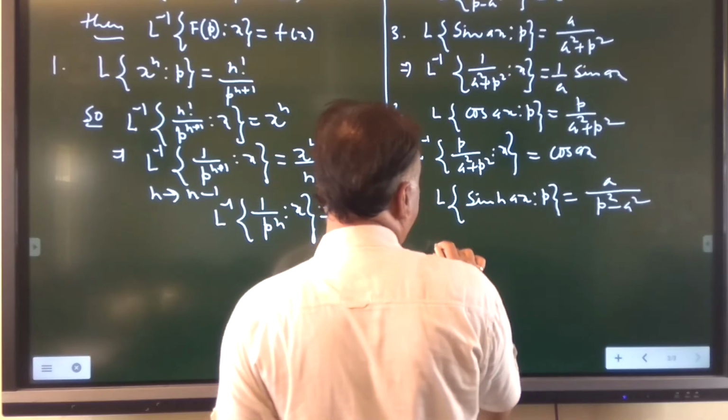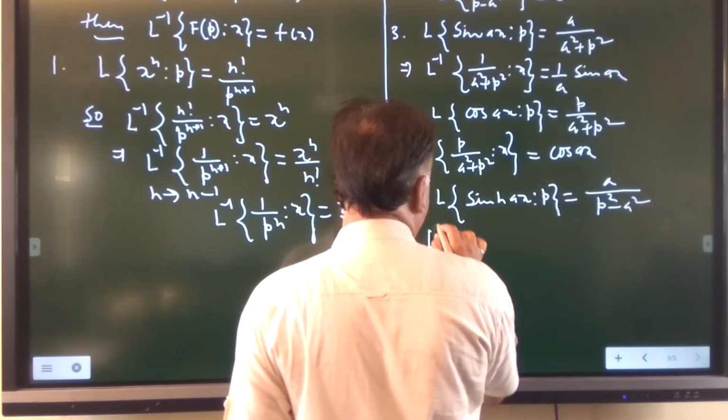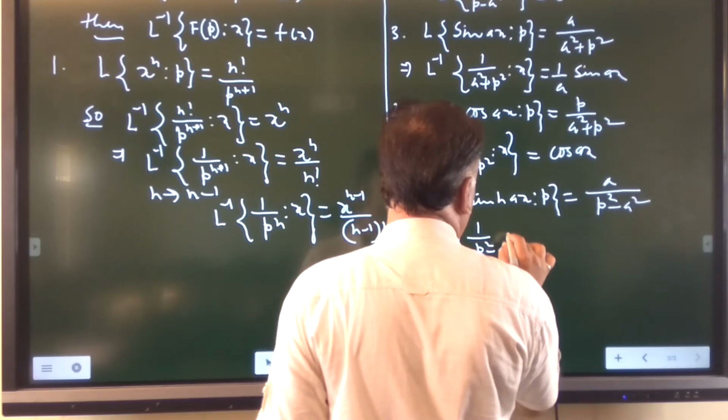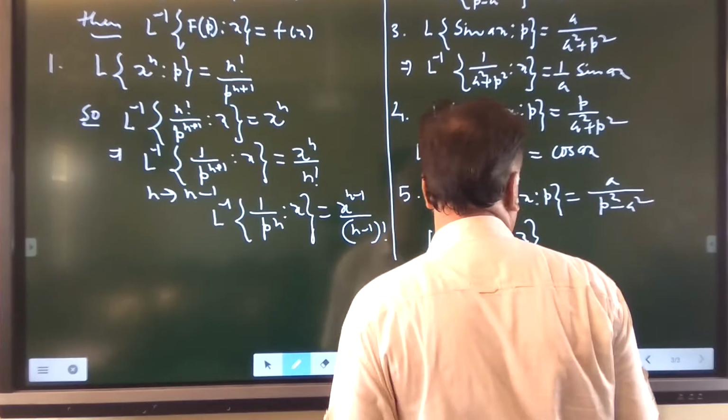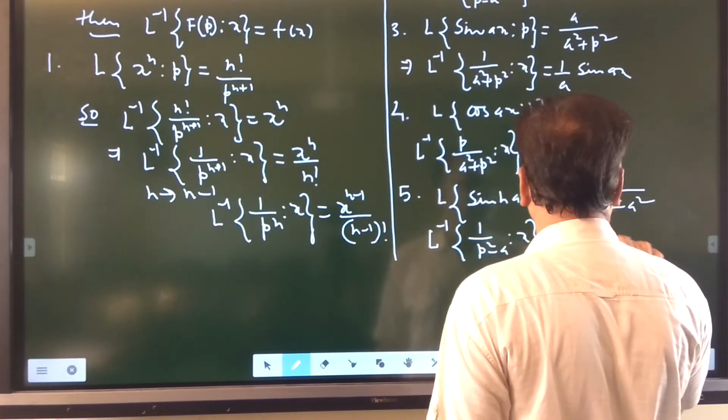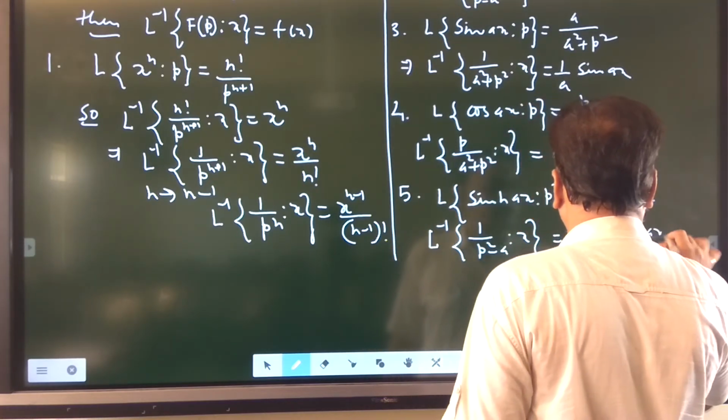So, inverting this result, the inverse Laplace transformation of 1 upon p square minus a square with respect to x is equal to 1 upon a hyperbolic sine ax.